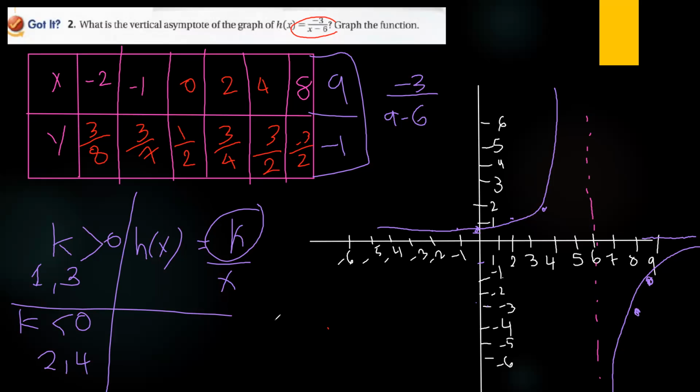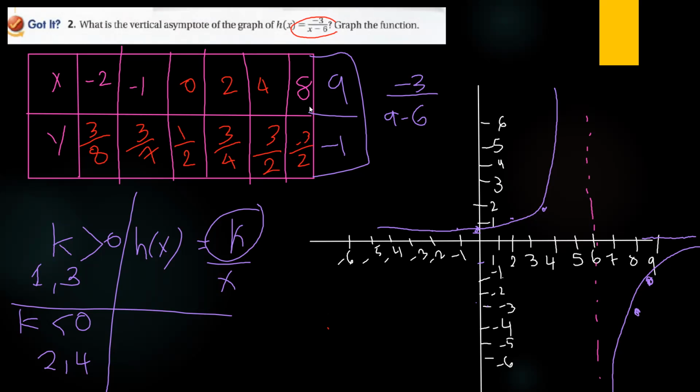Okay, so now let me remind us of the new things here. From the function, if you look at it as -3 over x minus 6, from x minus 6 we have to find our asymptotes. And from the -3, since it is negative, since it is less than 0, that tells me my curve must be in the second and the fourth quadrant.